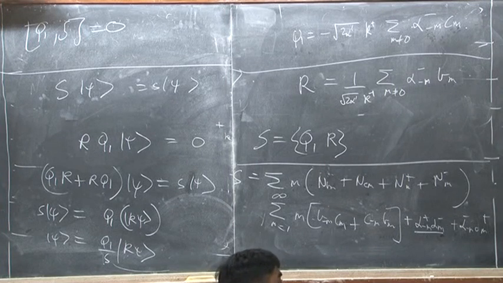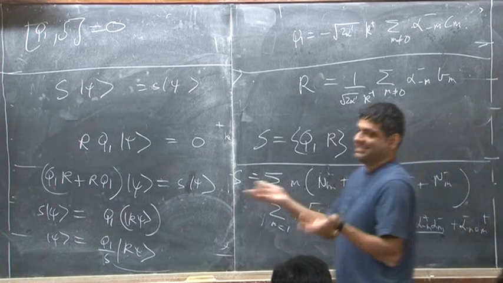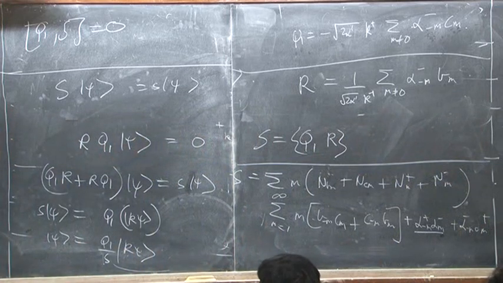Therefore, all states at S equals 0 are annihilated. Therefore, they're all Q closed. Moreover, there are no Q exact states at S equals 0. Because Q1 doesn't change the S number, if there was an exact state at S equals 0, it would come from Q1 acting on a state at S equals 0. But Q1 acting on any state at S equals 0 gives 0.